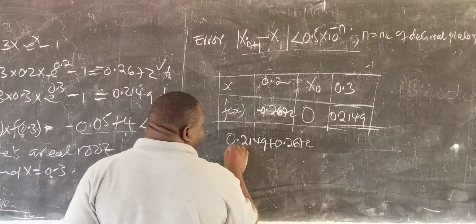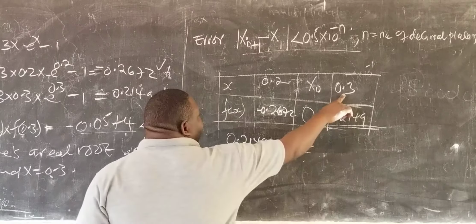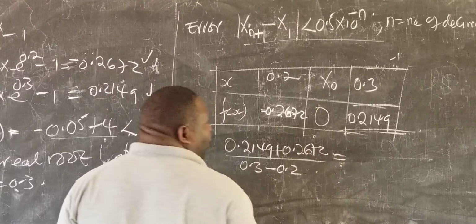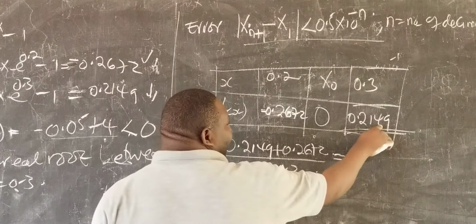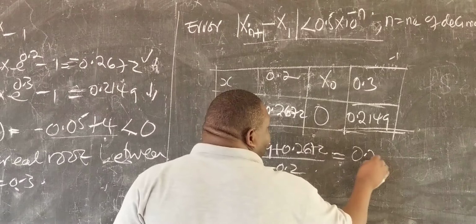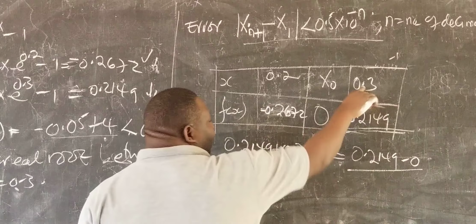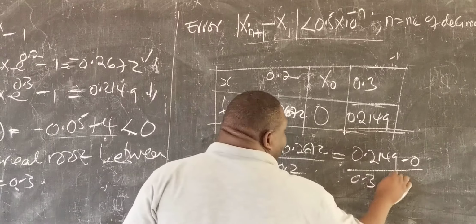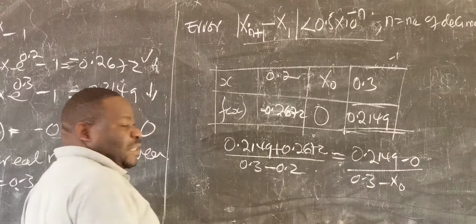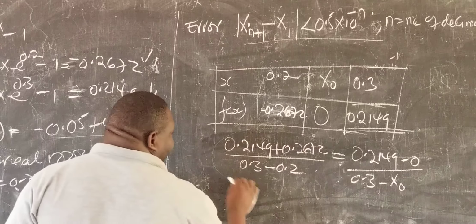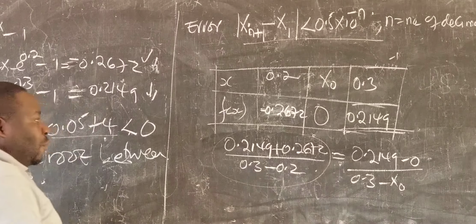Then everything is over change in x, which is 0.3 minus 0.2, must be equal to change in y, which will be 0.2149 minus 0 over change in x, which is 0.3 minus x naught.